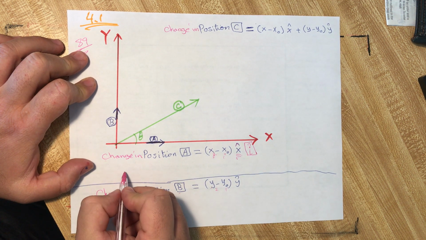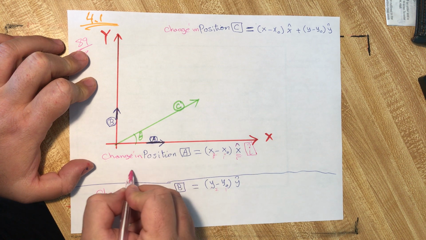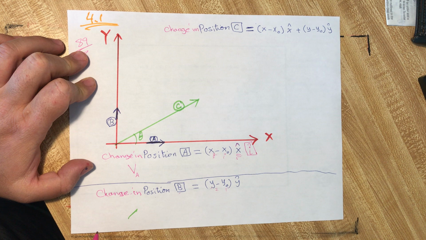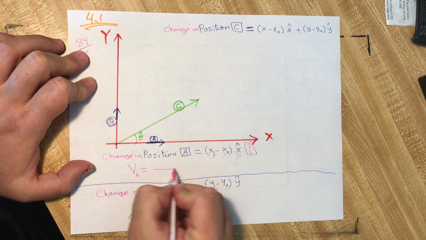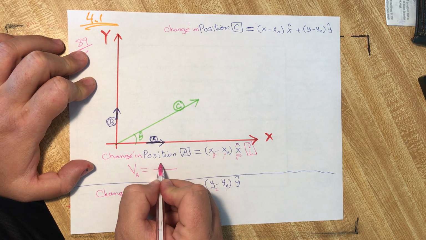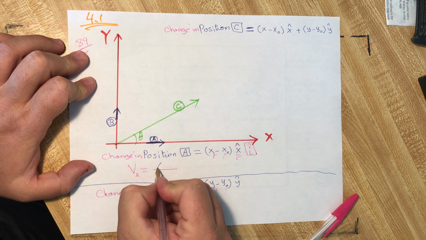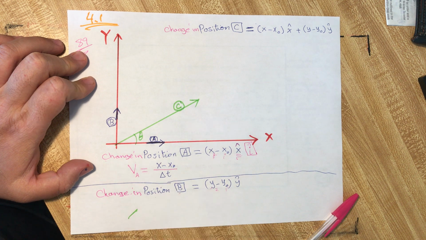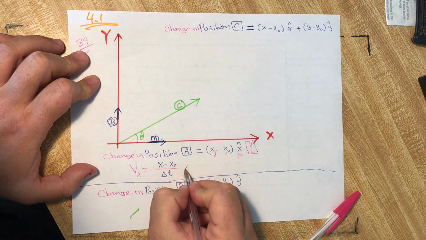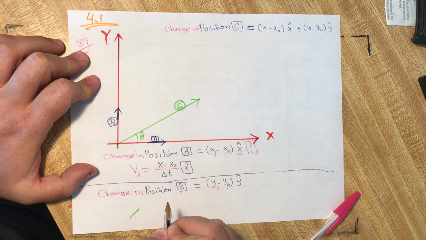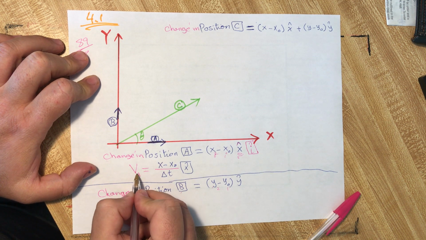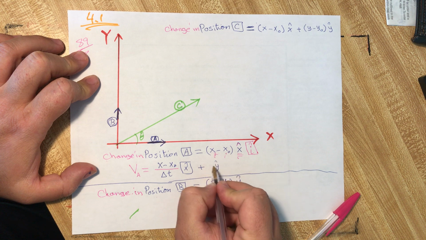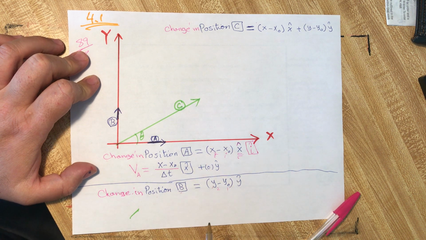What if I need to find the average velocity for A? It will be equal to the change in position, which is x minus x naught, divided by delta t. It will be in x direction. So this will be VA just in x, and the component in y direction is 0.